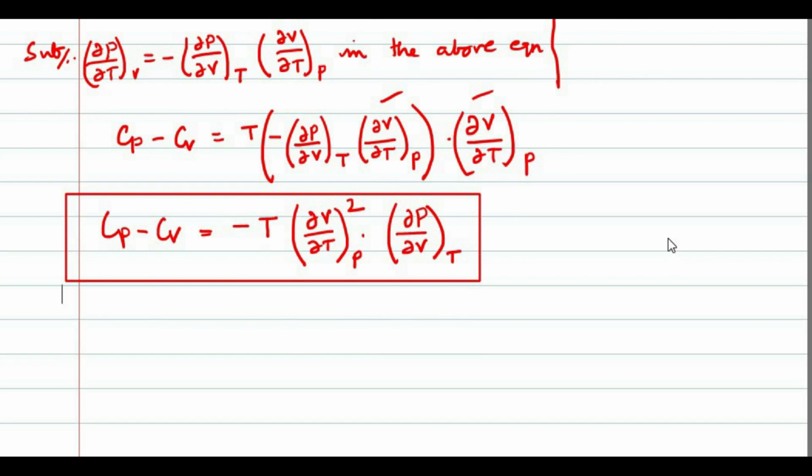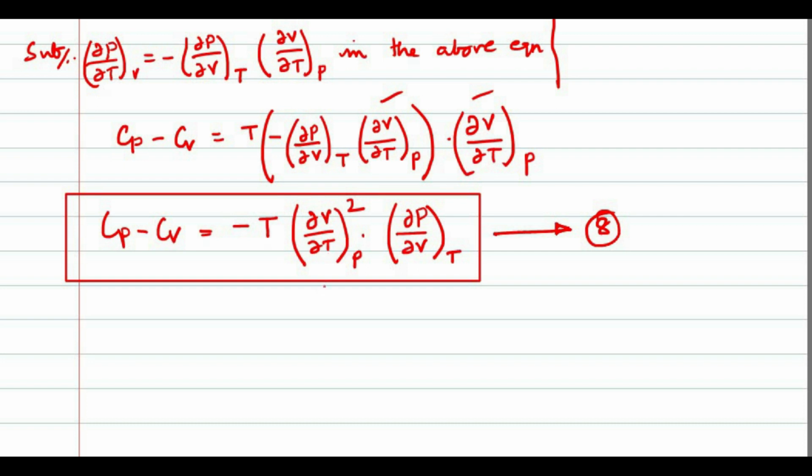We have got up to 7 equations. This you take as the 8th equation: Cp minus Cv is equal to minus T dou V by dou T at constant pressure the whole square into dou P by dou V at constant temperature.